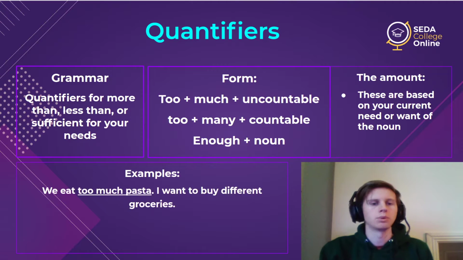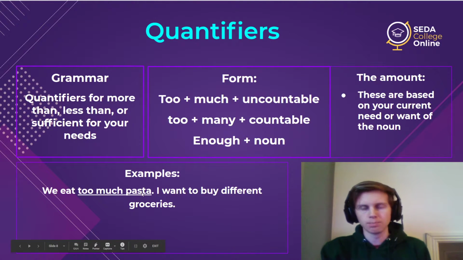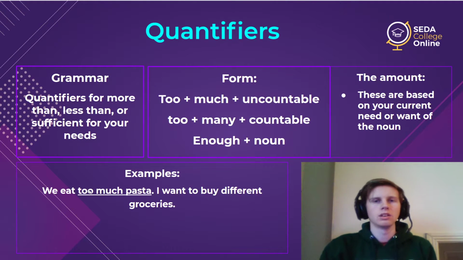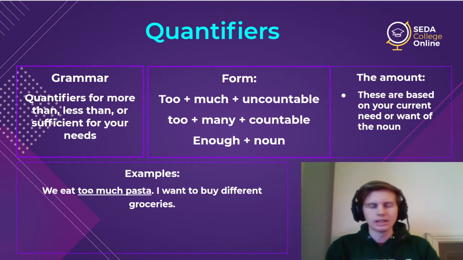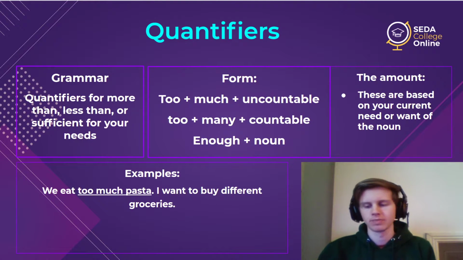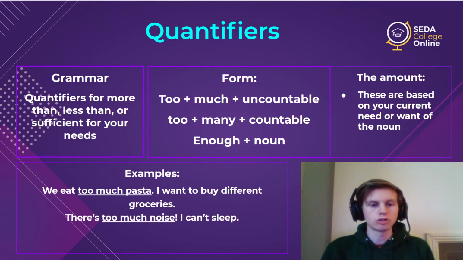So, for example, we eat too much pasta. I want to buy different groceries. So here I have my uncountable noun pasta. So I add much, and then I think, for my opinion, we eat too much. I want to eat less pasta. So I say we eat too much. Or for example, there's too much noise. I can't sleep.